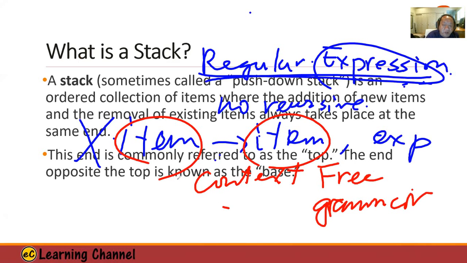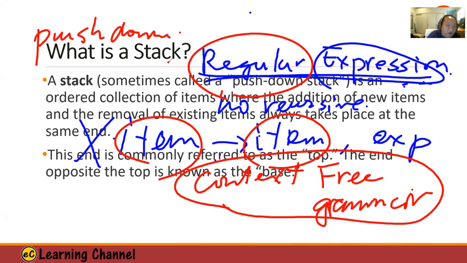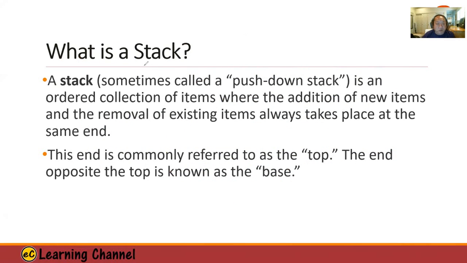And context-free grammar actually allows recursion, but one level higher is called push-down automata. And push-down automata allow stack. Remember that one? So that means push-down automata will give you more powerful computing than the one with context-free grammar that only has recursion. Recursion means that you have a function f calling itself, right?